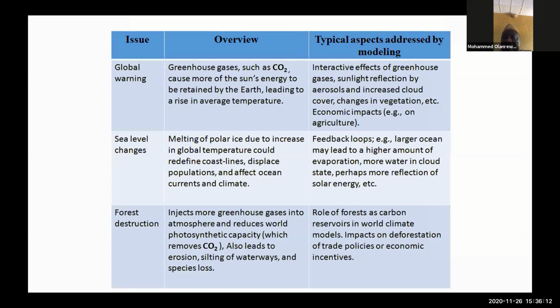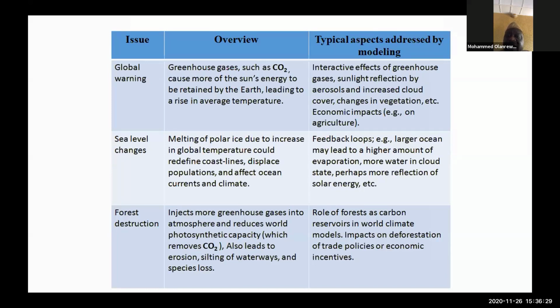Global warming. Greenhouse gases, such as carbon dioxide, cause more of the sun's energy to be retained by the earth, leading to a rise in average temperature.